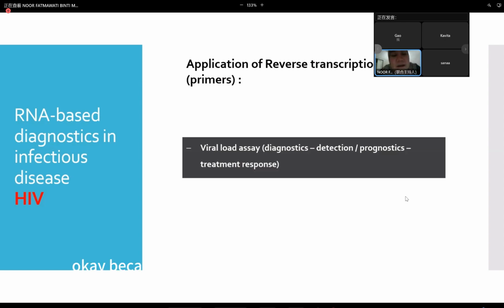Okay, because not every HIV patient enters the AIDS phase. So we use this particular assay, the viral load assay, to measure HIV in the patient serum. So these are examples of the application of reverse transcriptase in real-time PCR.